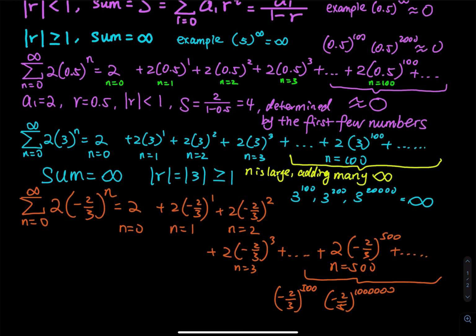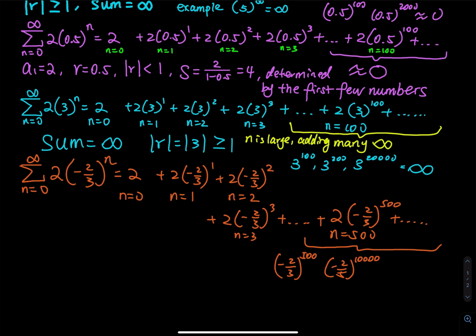Okay, so I'm going to take this back. Look, negative 2 over 3: r is equal to negative 2 over 3. The absolute value of r is equal to 2 over 3, that is less than 1. So that means the sum is not equal to infinity.